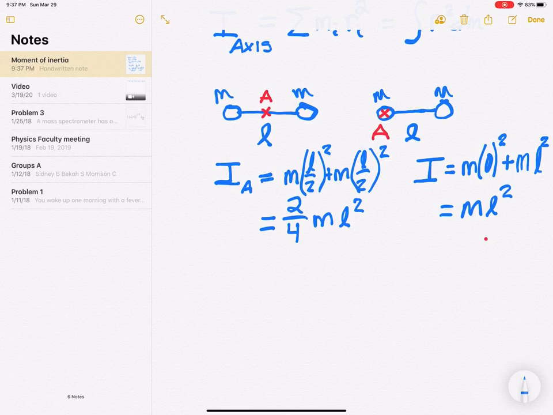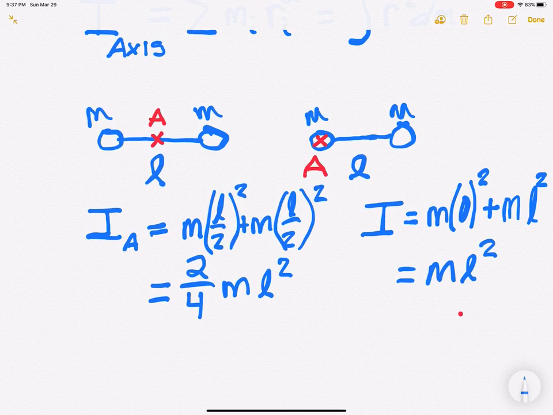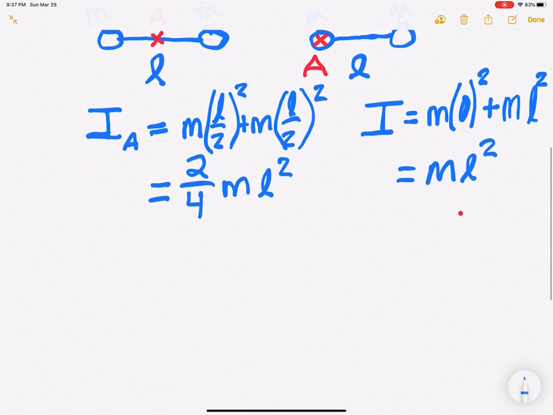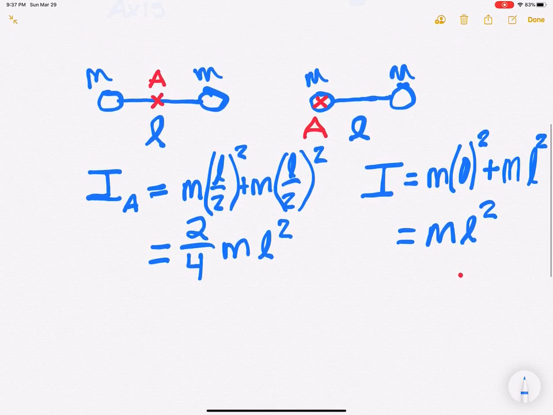Two identical objects rotated around a different axis.